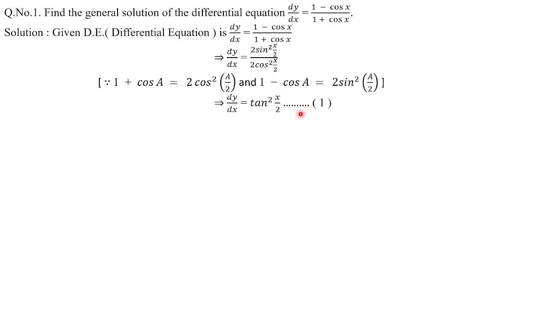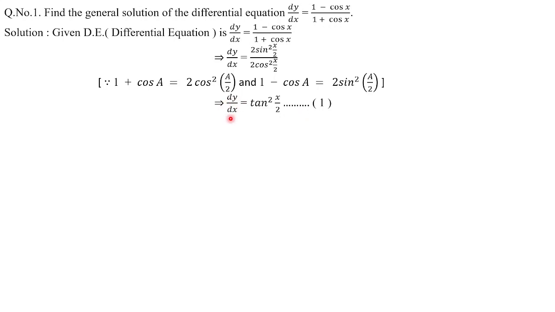This is equation 1. From this equation 1, we use separating the variables. Separating the variables means the entire function in the variable y into dy is equal to the entire function in the variable x into dx.